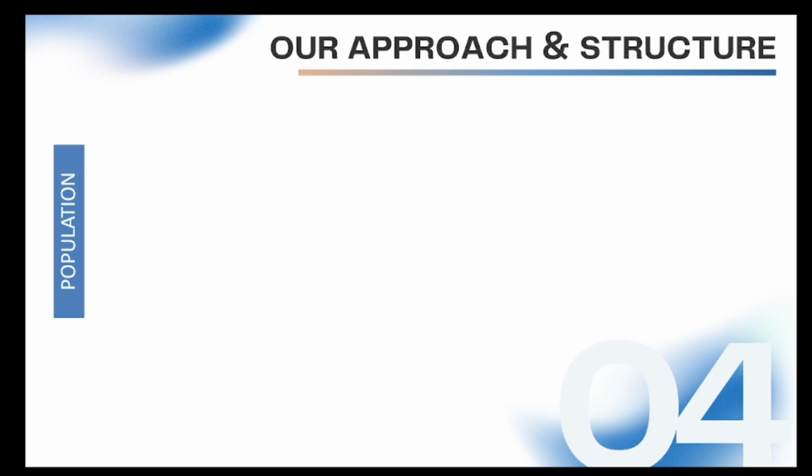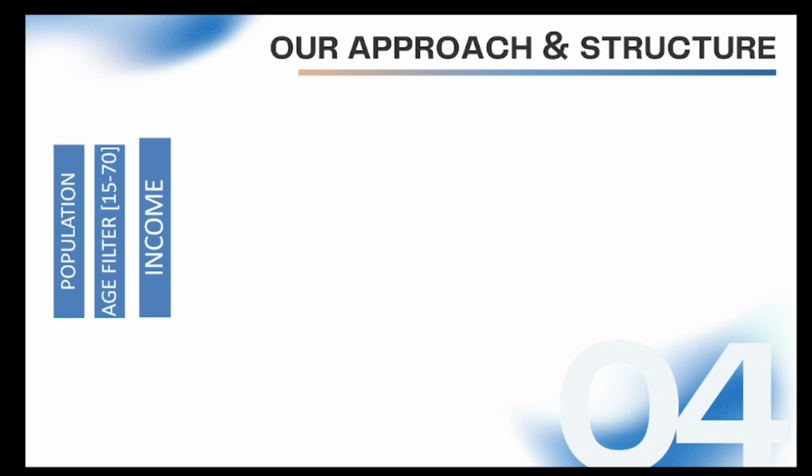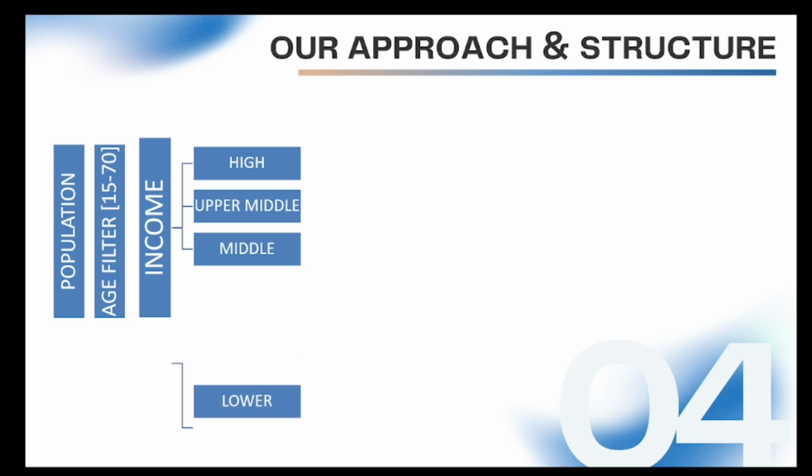Here's my complete framework flowing from top to bottom. I'll start with India's population, which is currently 1.4 billion, then filter out for the smartphone owning age group, roughly between 15 to 70 years. Next, I will segment by income levels. Now, this is crucial because smartphone ownership and replacement behavior are heavily income dependent. I will use four tiers, which will be high income, upper middle income, middle income, and low income.